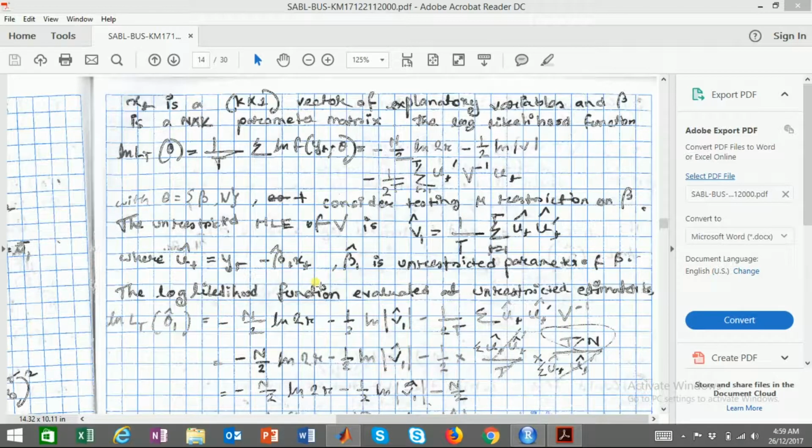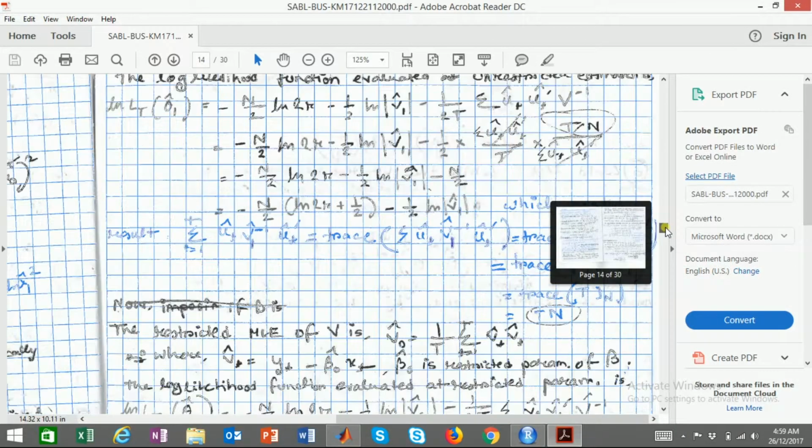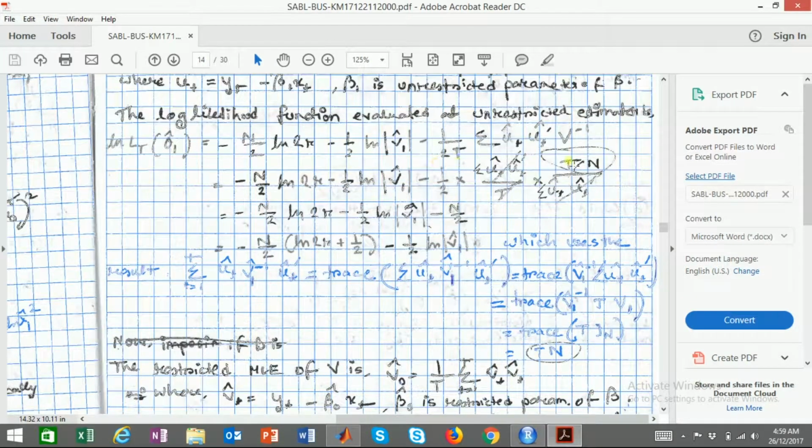Beta 1 is the unrestricted parameter of beta. The log likelihood function evaluated at the unrestricted estimator uses the unrestricted maximum likelihood estimator of the covariance matrix.